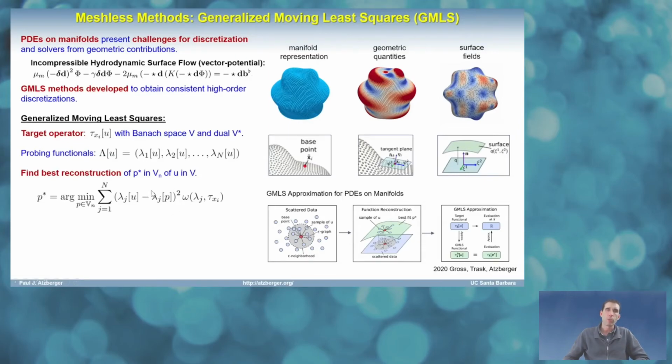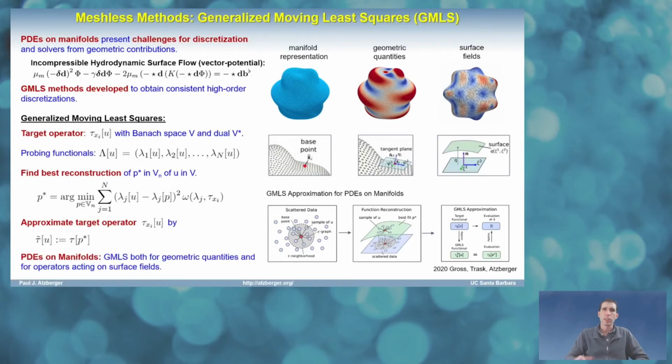And then the other novel part of this is that instead of the least squares problem being global, you basically weight the data according to how far you are from that target location xi. So now you take p star, and you can use that to get an approximation to your target operator by evaluating the target operator on the reconstruction p star. And what's interesting here is we're not only doing this for the differential operators, but because the differential operators depend on geometry, we also have to do a separate stage where we estimate geometric quantities on the surface.